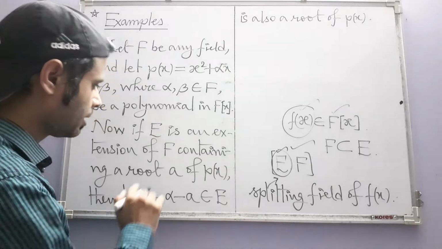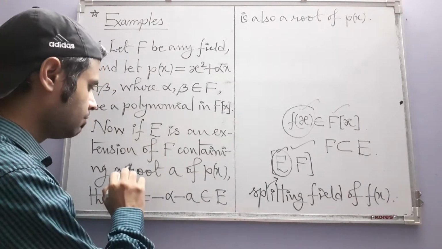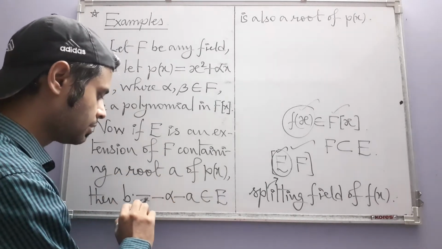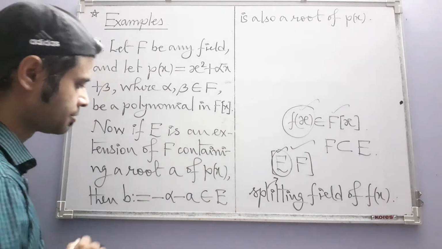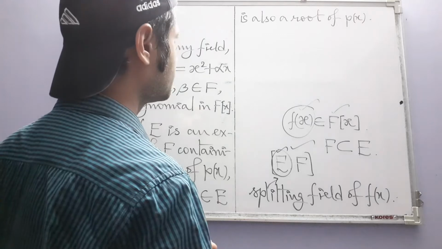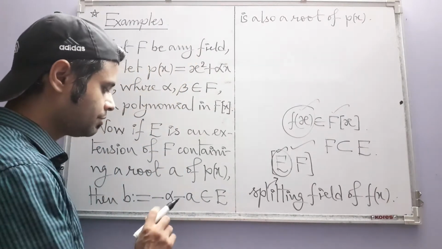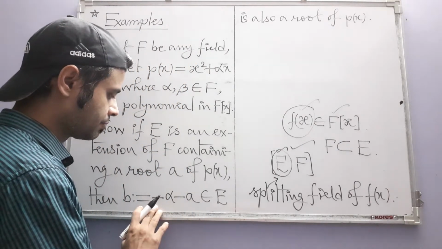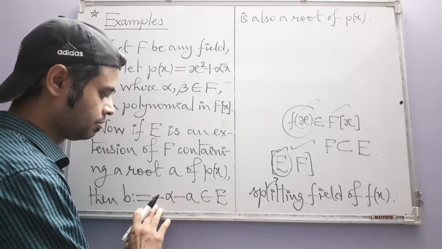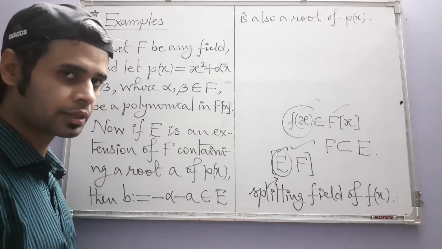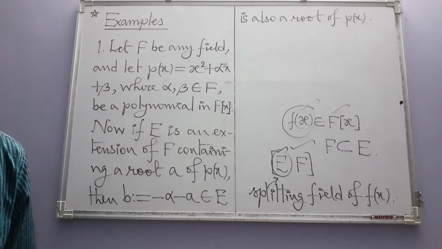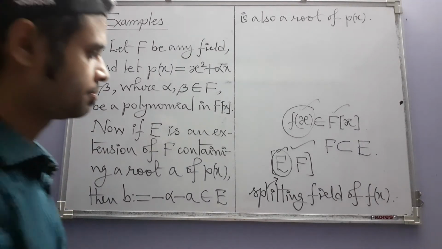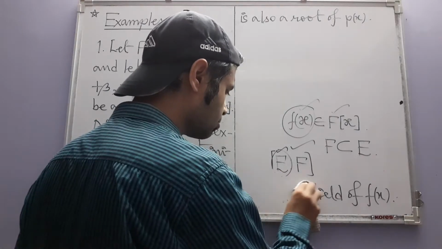The thing is that if you find an E in which you have found one root, then you can find another root which looks like this. Now instead of just simply believing that this is the case, let us quickly verify this. Let's go through the calculation and see if it is truly the case.